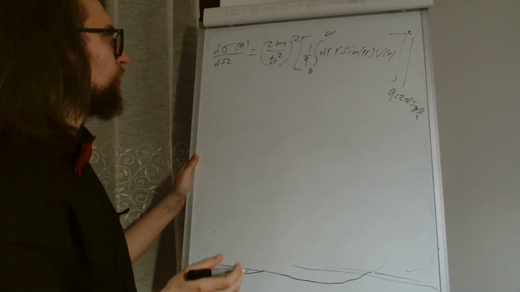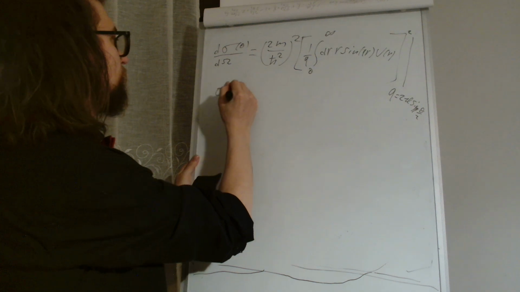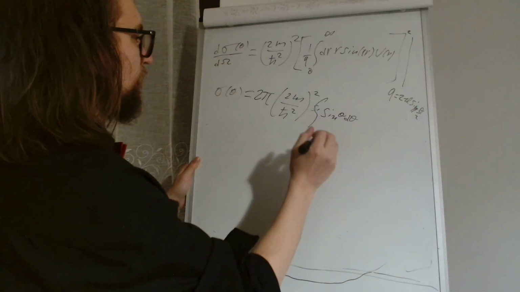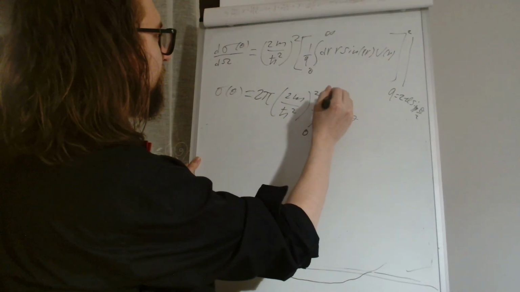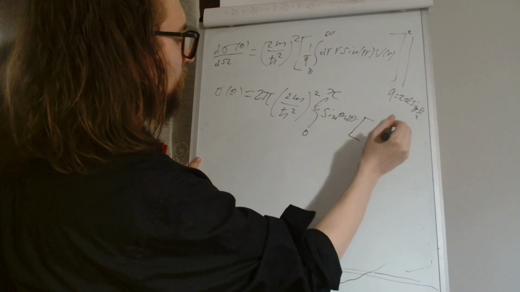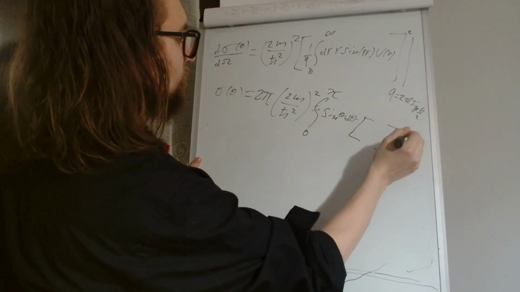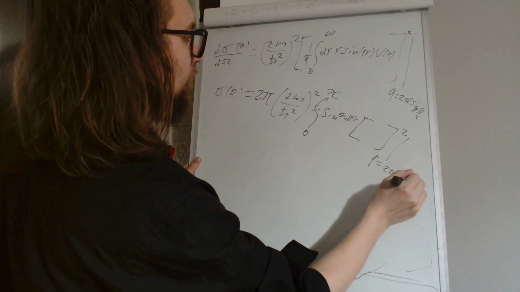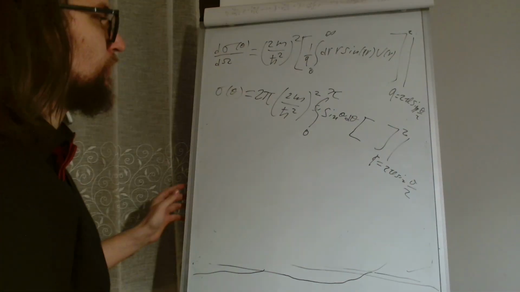So to find the total cross section, we do the integral in the solid angle. So it is from 0 to pi of all this thing here squared at q equals 2k sine of theta half.